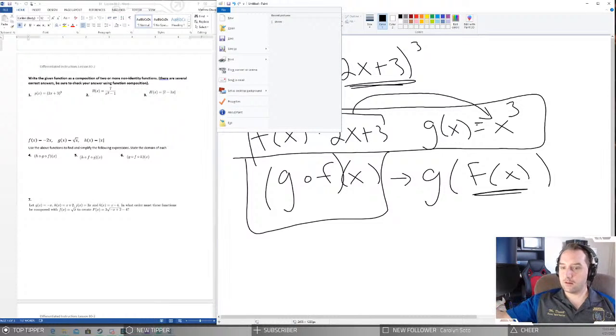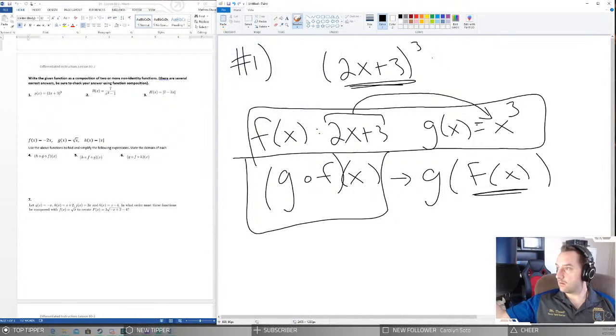Let's look at how is the 3 cubed? Well, we're not just cubing the 3.